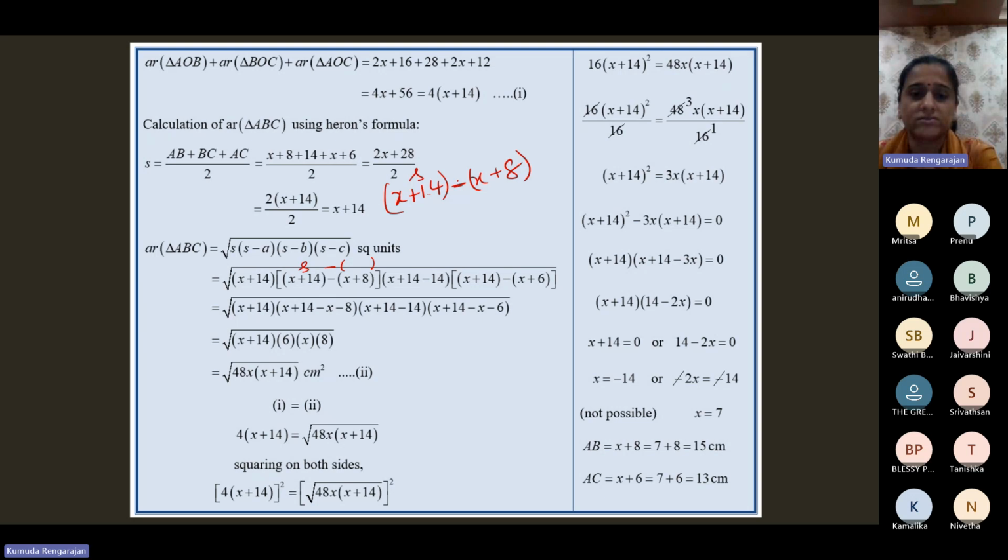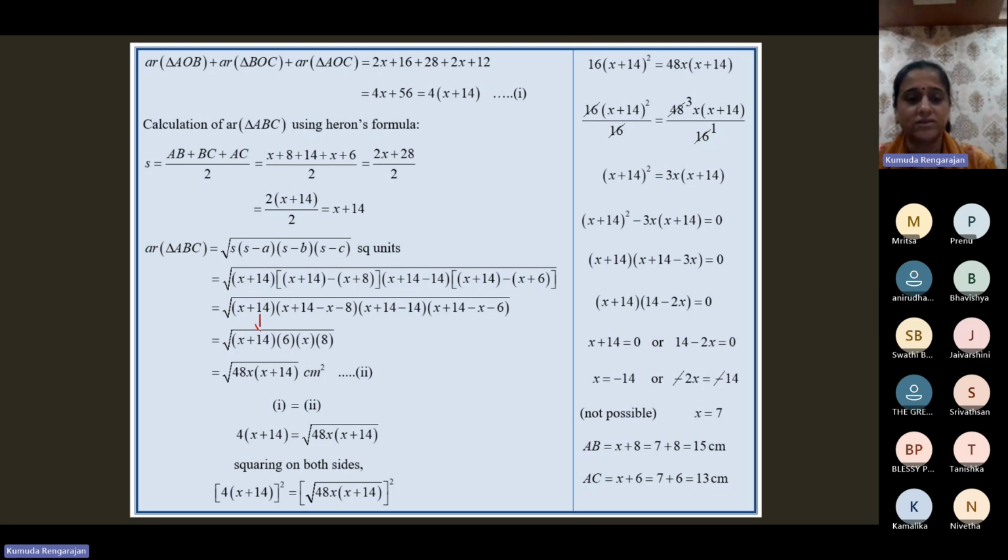So this is s minus a everywhere in bracket. See, s minus b we did not put in a bracket, because b is just 14. So you don't need a bracket there. So be careful. And then you can say x plus 14, x plus 14, minus x minus 8, x plus 14, minus 14, x plus 14, minus x minus 6.